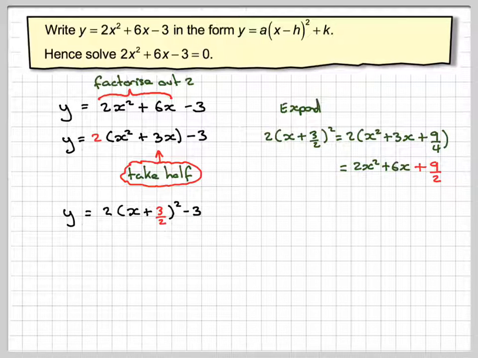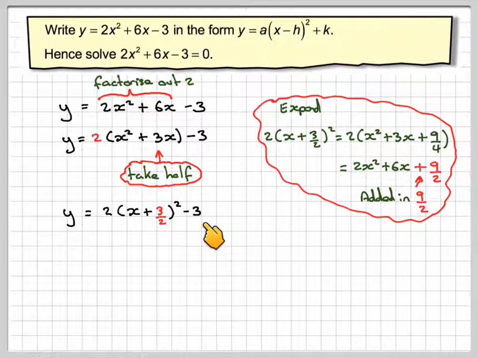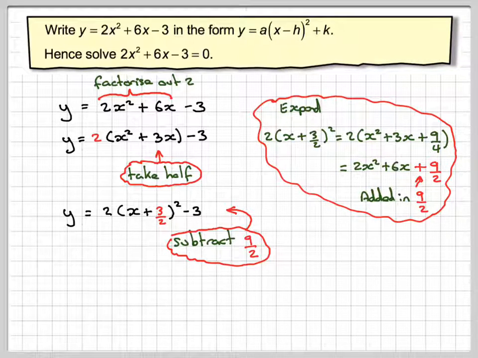Now you might be able to work this out without this step by squaring the 3 over 2 to get 9 over 4 and then multiplying by 2 to get the 9 over 2. So it's okay if you can do it that way. Now we've added in 9 over 2, so over here we need to subtract 9 over 2.